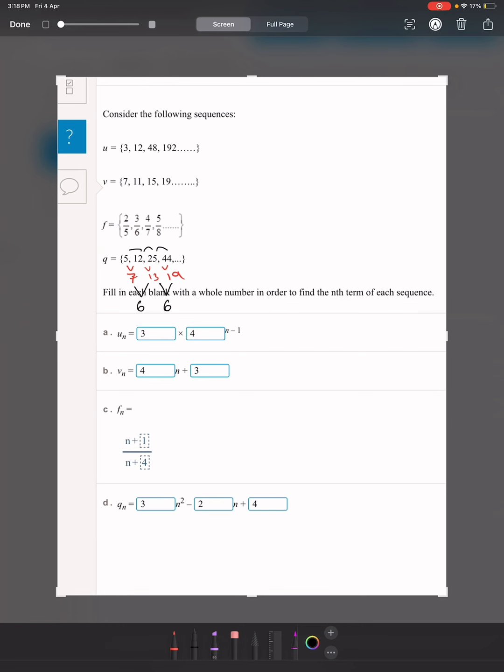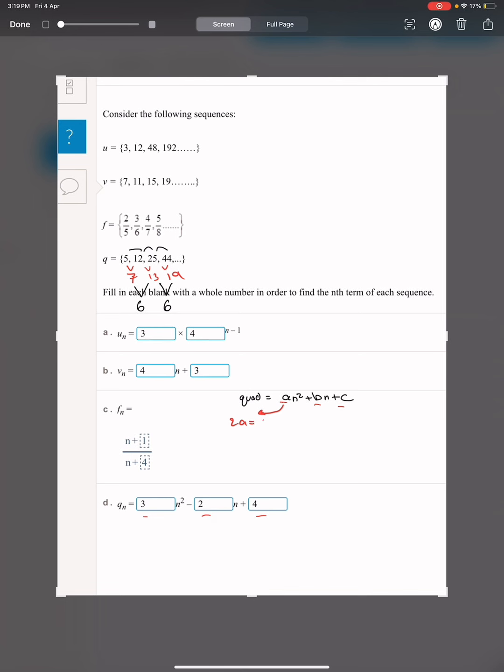Now the formula for a quadratic sequence is an squared plus bn plus c. They're asking for the coefficients of each of them, so we want a, b, c. The formula for a is 2a equal to the first difference, which is 6, meaning a equals 3.